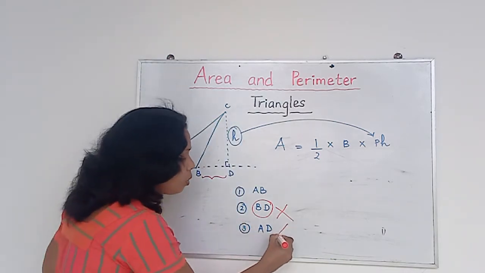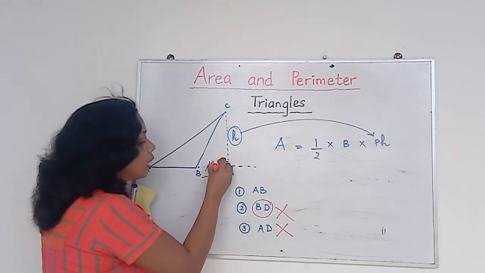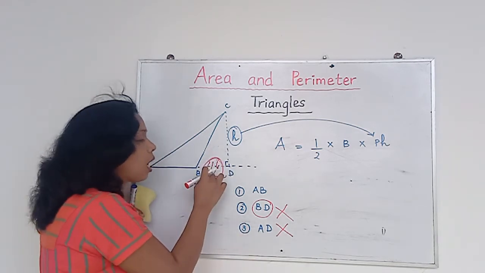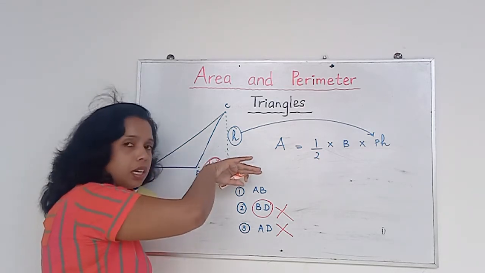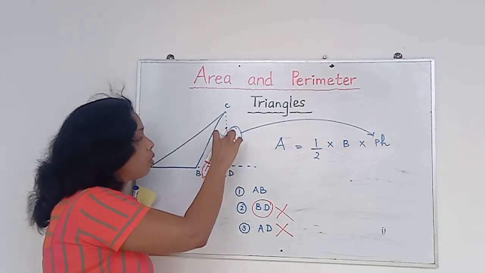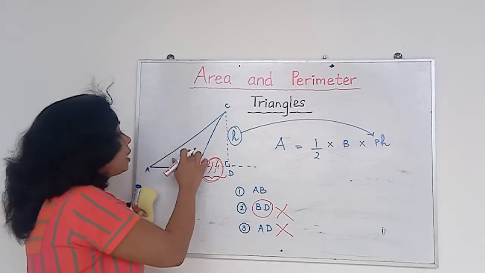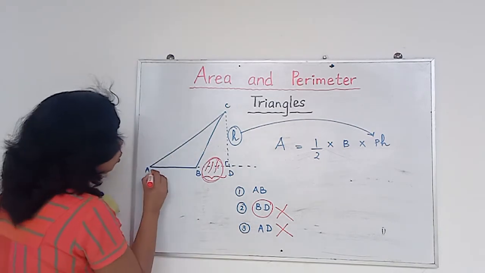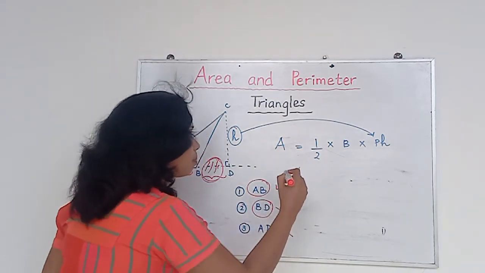So then can I use this AD? No, because this portion is not a part of this triangle. It's just an imaginary line which I drew to have this perpendicular height. It is not a part of this triangle. Okay, if so, what should be the base? AB. So this is the correct option.